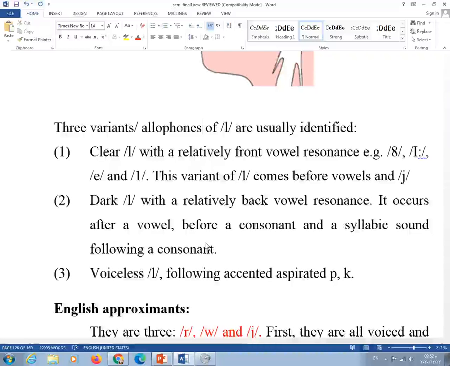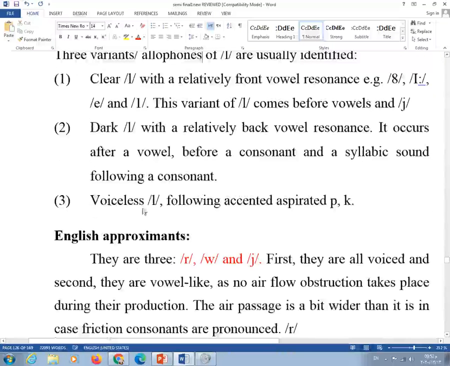The third allophone is voiceless L, and this comes after the accented aspirated p or k, as in play. We find that p, which is voiceless, makes L also voiceless, it devoices L, as we see in play.